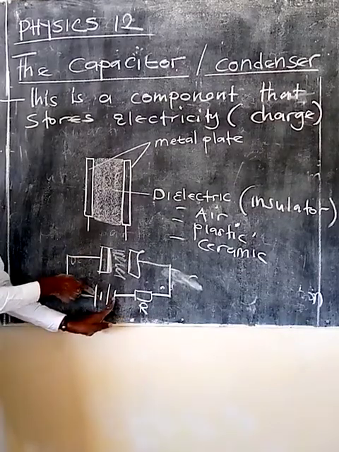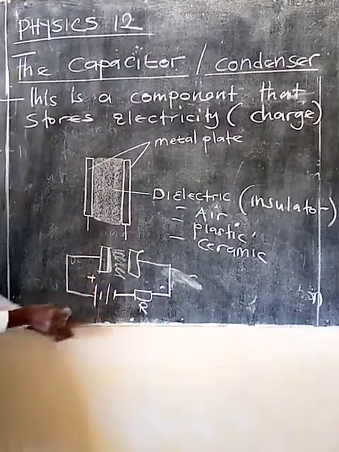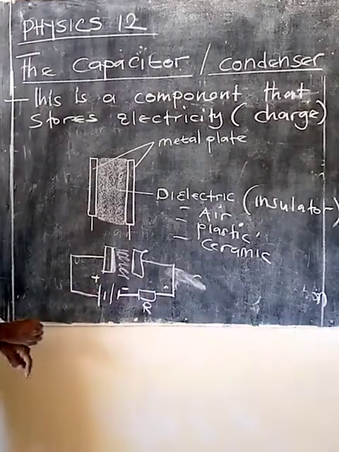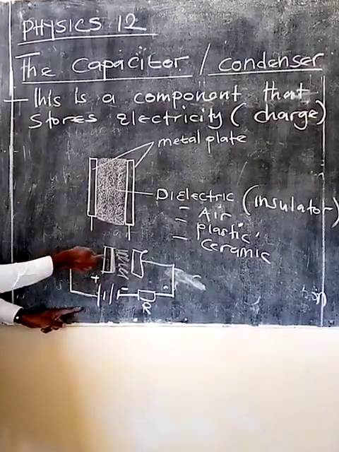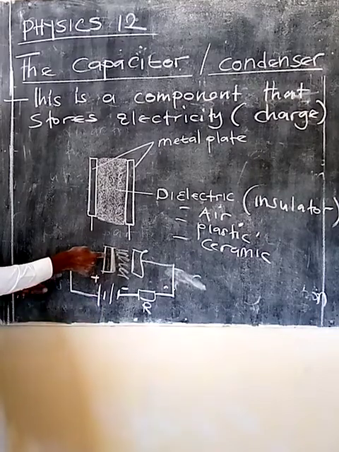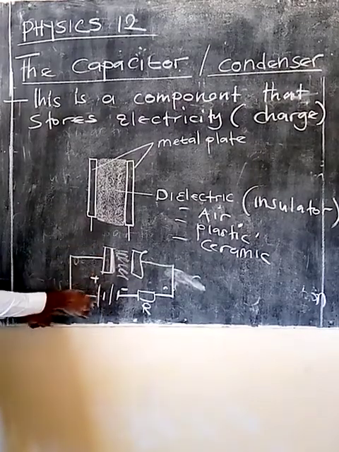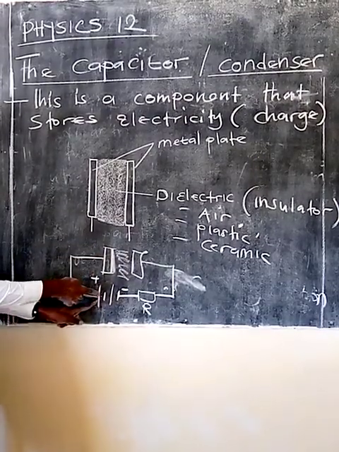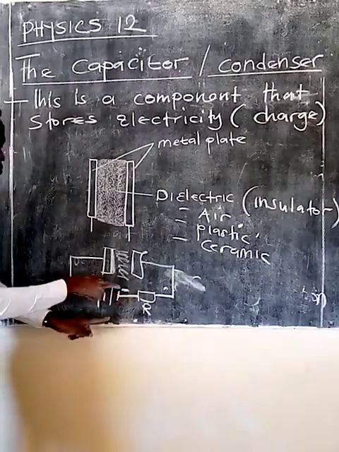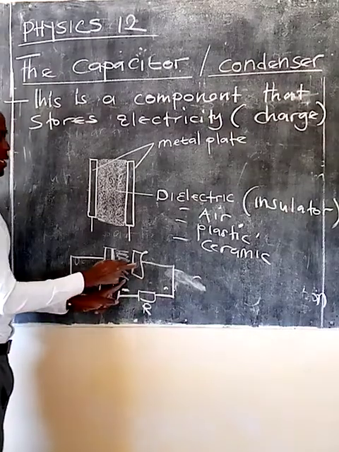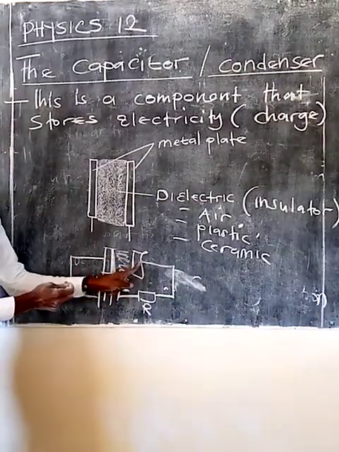If this is positive and this is negative, it means that current is going to move from the positive going to this part. The positive charge is going to move from the positive there, then the negative charge is going to move from the negative going to these plates there.